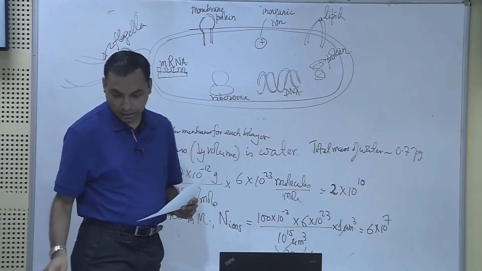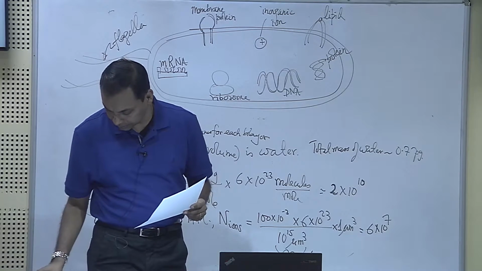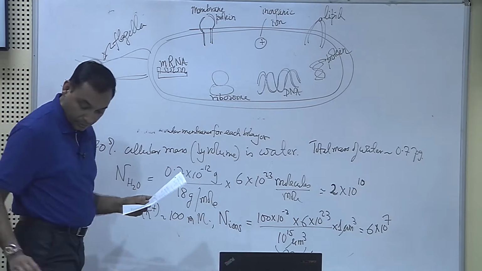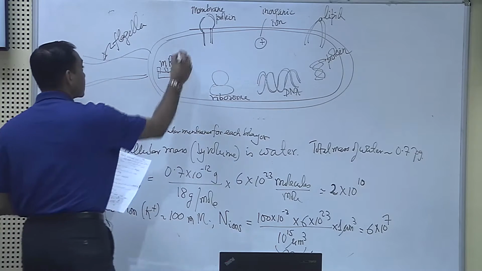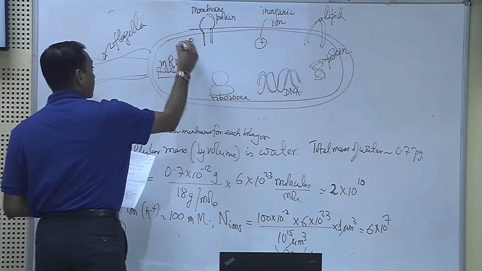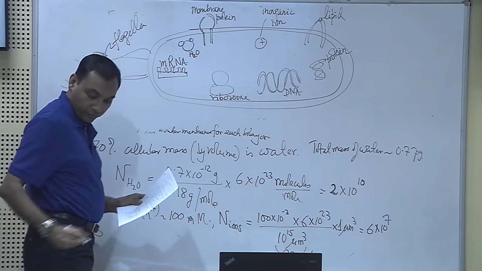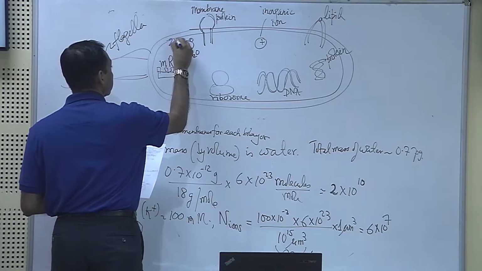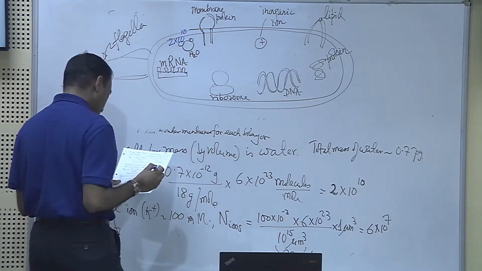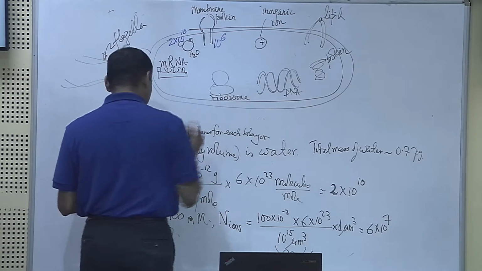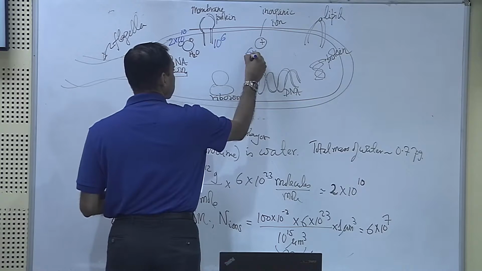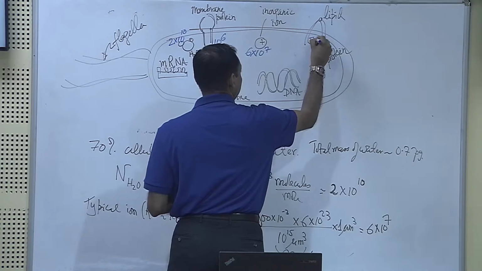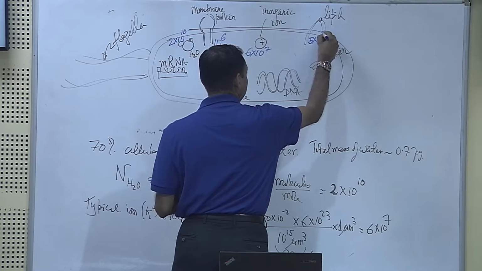If you look at the numbers we have already calculated, and water of course, which is H2O. Water we said will have close to 2 times 10 to the power of 10. Membrane protein is somewhere around 10 to the power of 6. Ions are 6 times 10 to the power of 7. Lipids are 5 times 10 to the power of 7.